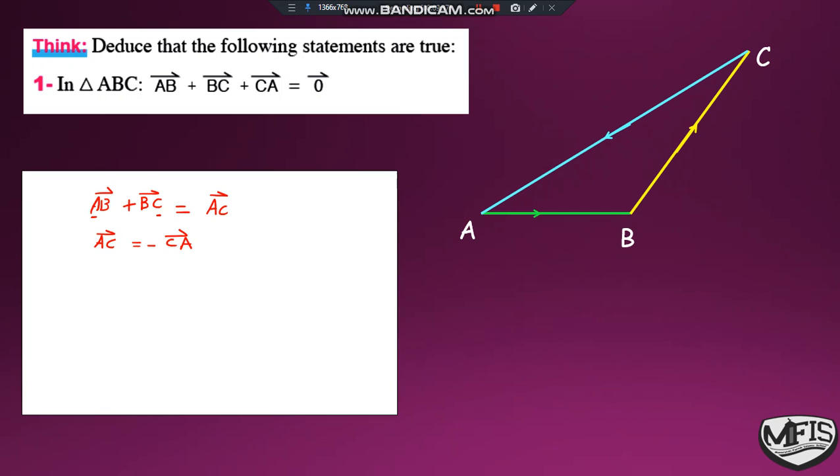AC and CA have opposite directions, so AC equals negative CA. So in triangle ABC, AB plus BC plus CA directed line segments equals AB plus BC, which equals AC, plus CA, which equals 0.